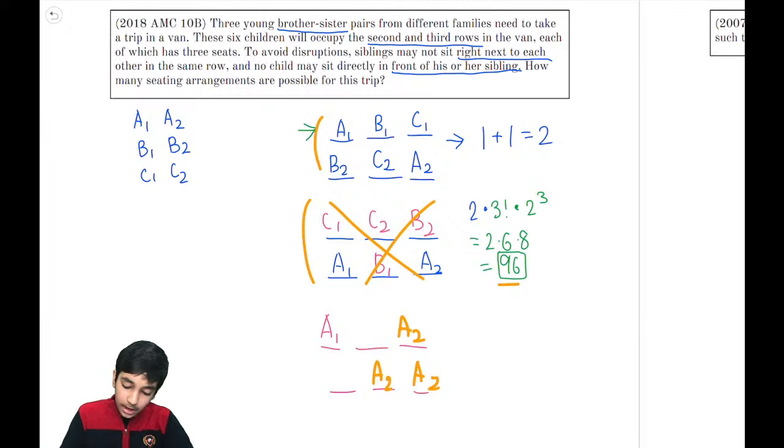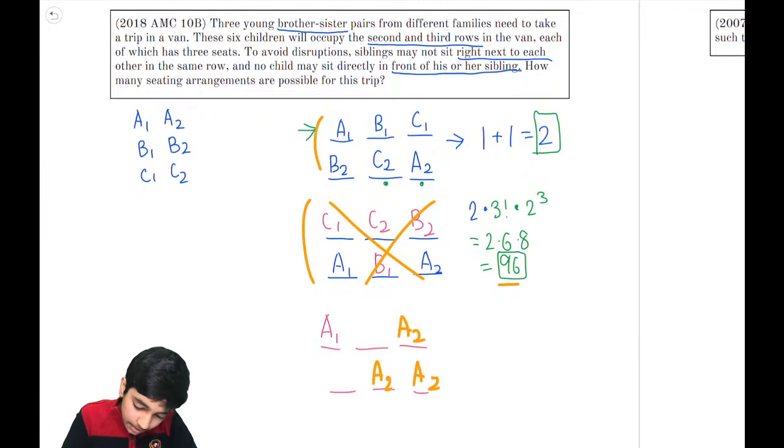Okay, so the reason it's 2 times 3 factorial times 2 cubed. Basically we have 2 here, right? Because there are 2 ways to arrange it: we have A2 here or A2 here. And then from there, we assumed that A1, B1, and C1 were here in the first row.